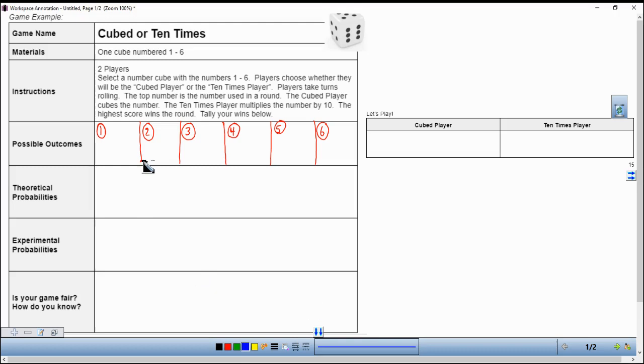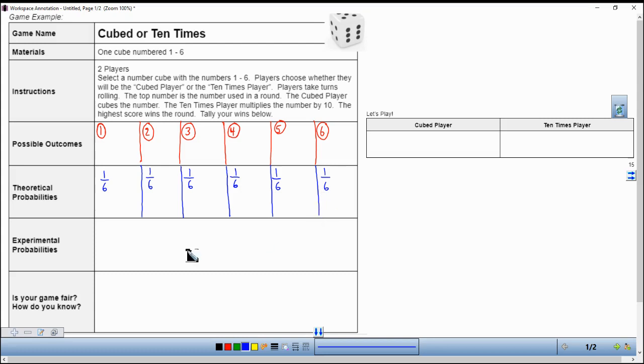So now we're going to think about, before we play, the theoretical probabilities of rolling each amount. I'm just going to extend this line down because we're going to have 6 separate probabilities, because there are 6 separate possible outcomes. So the theoretical probability of rolling a 1 is 1 in 6. Rolling a 2 is 1 in 6. Rolling a 3 is 1 in 6. These are all going to be 1 in 6 because it's the same chance of rolling each number.